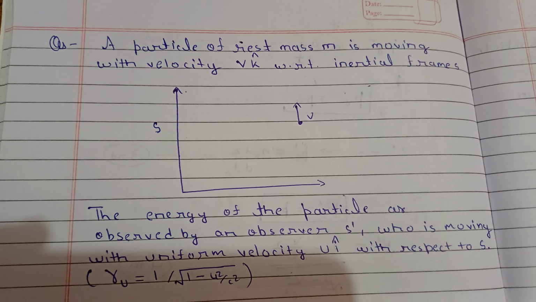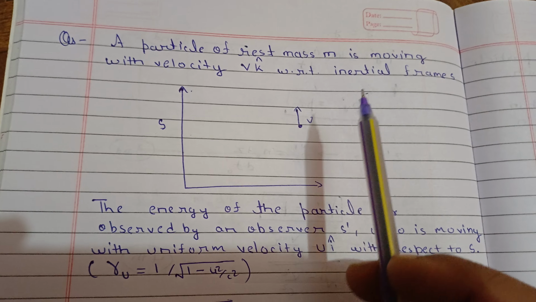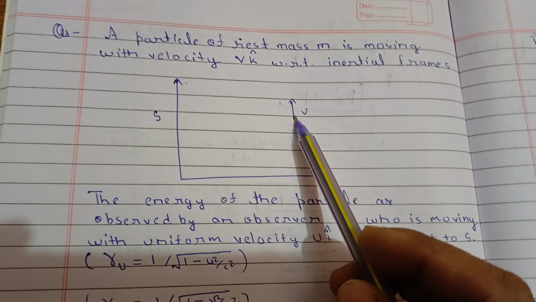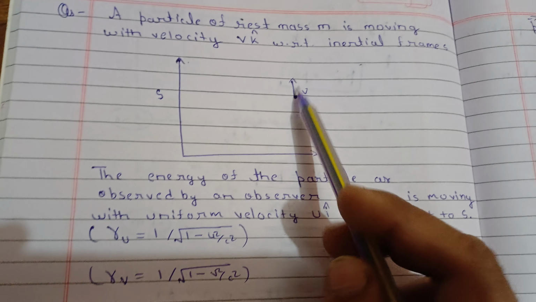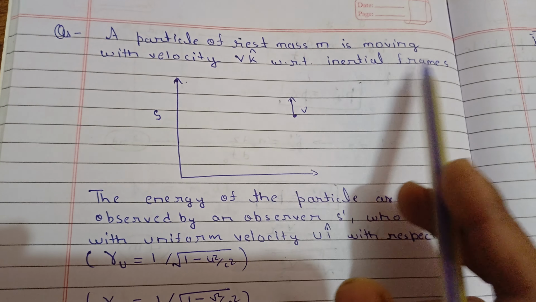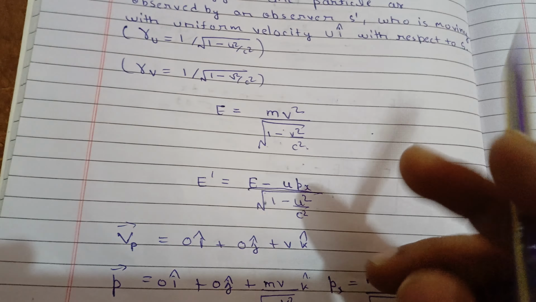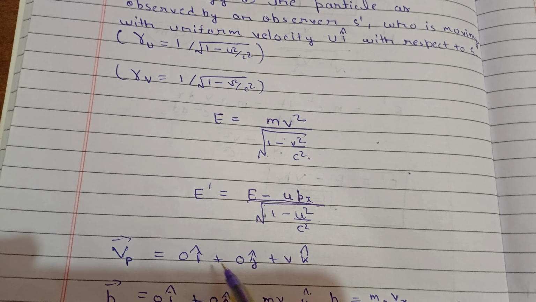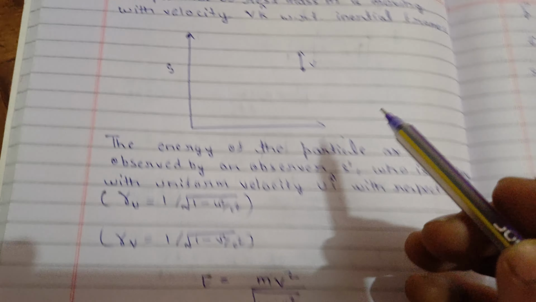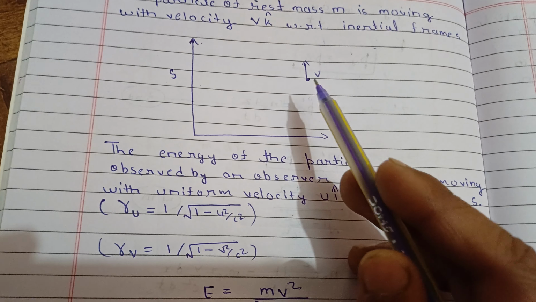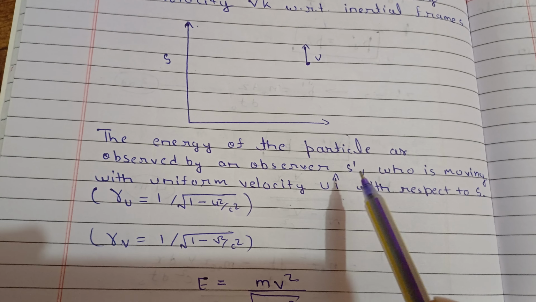Okay, what is written? That a particle of rest mass m is moving with velocity v k cap. So this particle is moving in the k cap direction with respect to inertial frames. So the vectors for v and p will be 0 i cap, 0 j cap, v k cap. Now you have to calculate the energy of the particle by an observer in S prime frame.